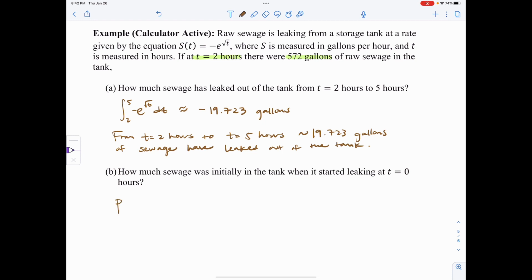So we're trying to figure out what R of 0 would be. We know what the R of 2 is, right? So R of 2 is 572 gallons. And then we are going to integrate from 2 to 0, because we want to know what R of 0 would be.